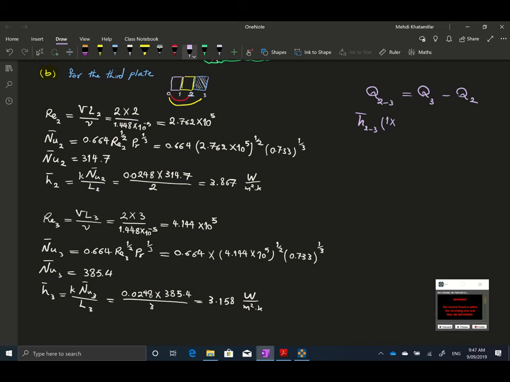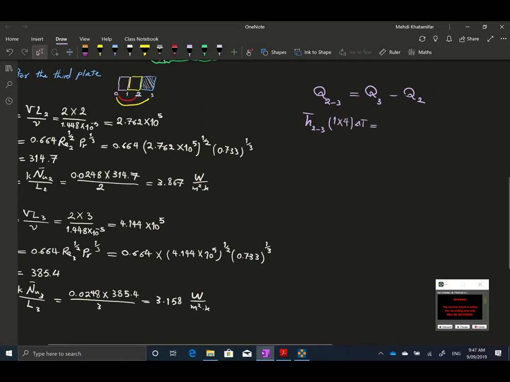Times temperature difference delta T. It doesn't matter, so I'm just writing delta T. I don't want to put any value there. For this one, it's going to be H3 times 4 meters times delta T minus.